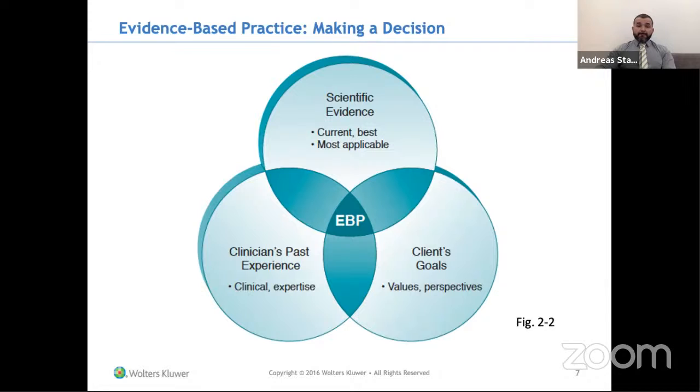Therefore, again, in order to make a decision, and in order to say that you made an EBP decision, right? You have to know that there are three players, and you have to understand that all three play a specific role in that process of decision making.